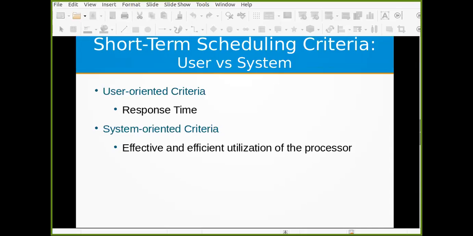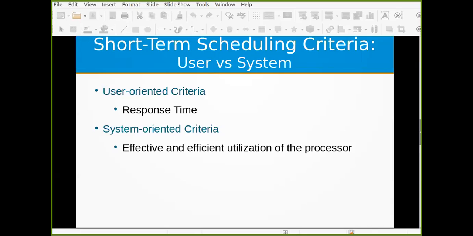Forget about long-term scheduling and medium-term scheduling for now. Now we are starting our discussion on short-term scheduling. There are two criteria that you can keep in your mind while deciding your scheduling strategy.